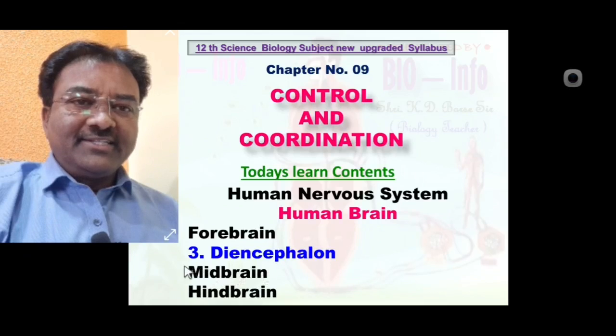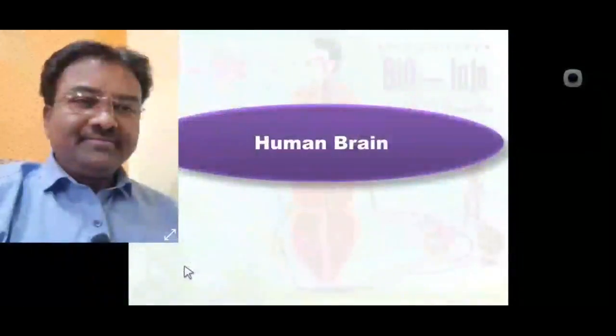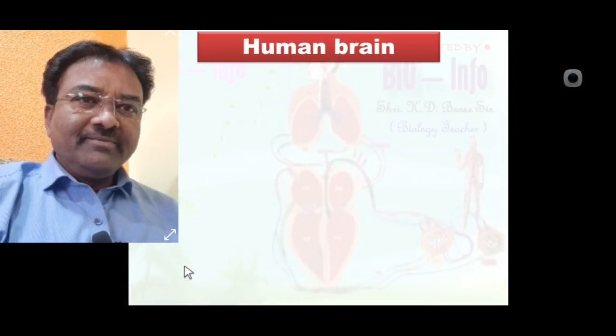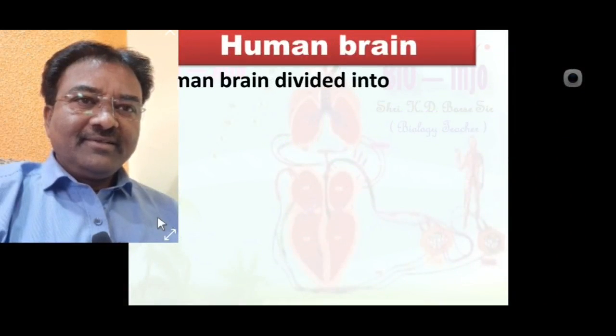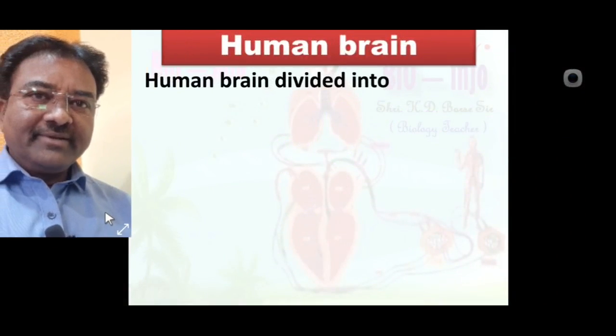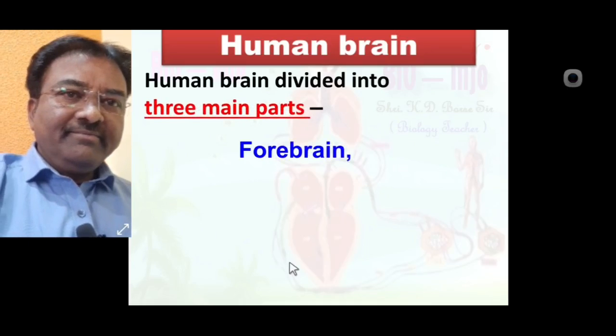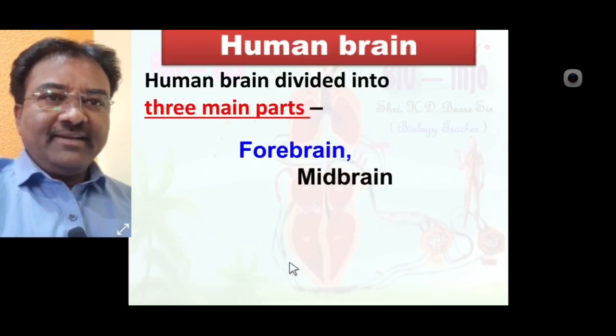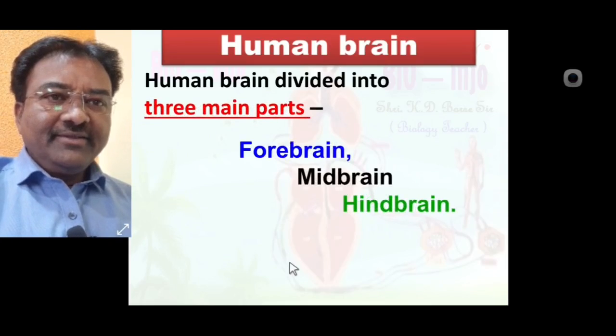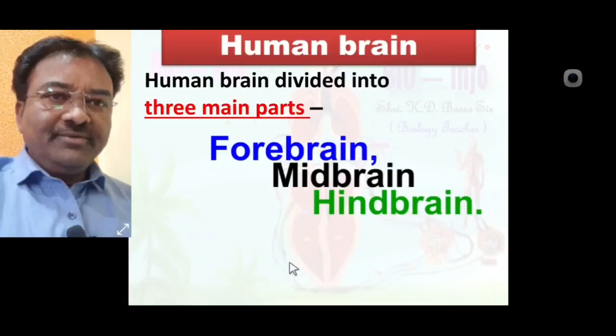So let us start. The human brain consists of three different parts: forebrain, midbrain and hindbrain.